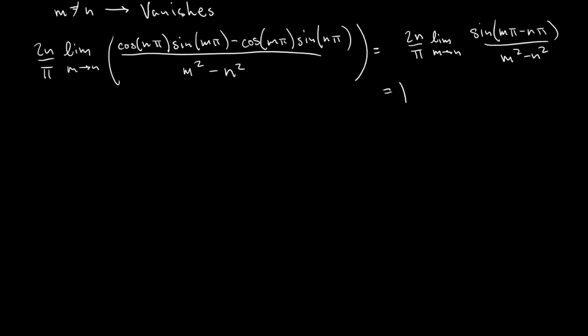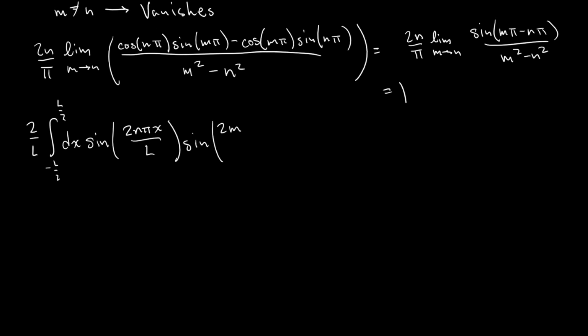So again, we find that for the sines, the integral from minus L over 2 to L over 2 of dx, sine of 2n pi x over L times sine of 2m pi x over L, is again just the Kronecker delta.